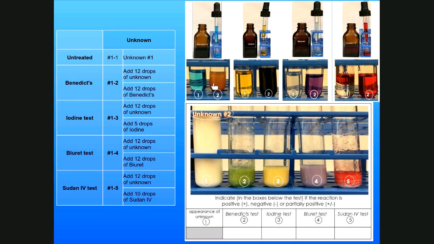And so what you have here is a reducing sugar that went green, but didn't go all the way to the red color. So this green is also a positive, but it's less positive than the red would be. So there is a little bit of sugar here.